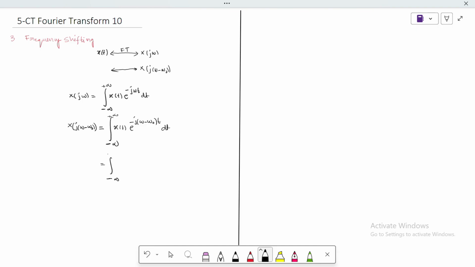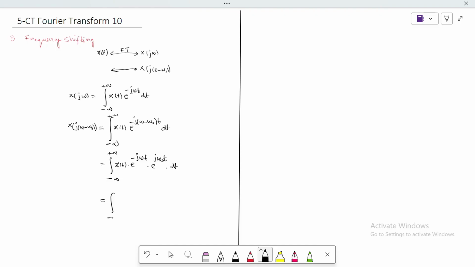So the integral from minus infinity to plus infinity of x of t into e power minus j omega t into e power, minus into minus gives plus, j omega naught t into dt.